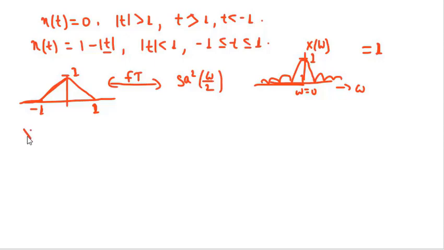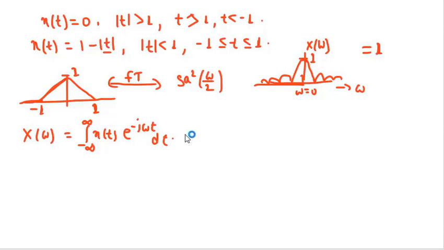So you have X of omega for a given x of t given by the integral from minus infinity to infinity of x of t e to the power minus j omega t dt.